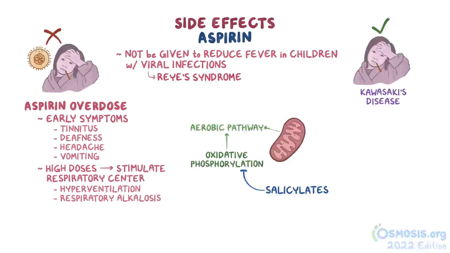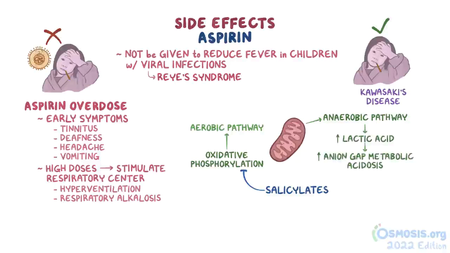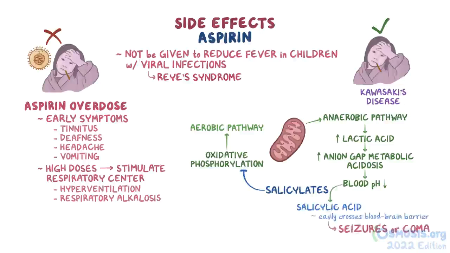So, the body switches to the anaerobic pathway, which produces lactic acid. And the increase in lactic acid eventually causes an elevated anion gap metabolic acidosis. As blood pH decreases, salicylate shifts more towards its non-ionized form, salicylic acid, which easily crosses the blood-brain barrier and causes seizures or even coma.